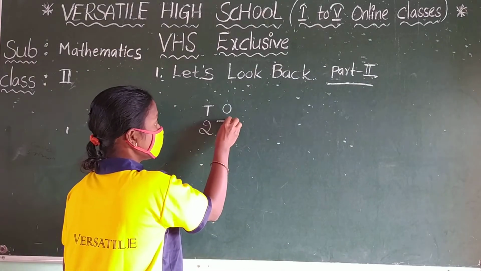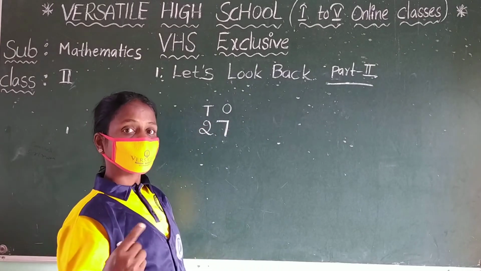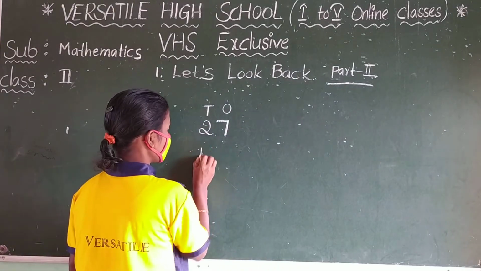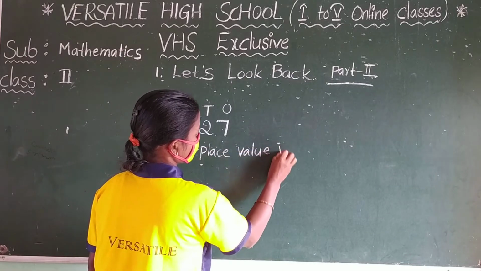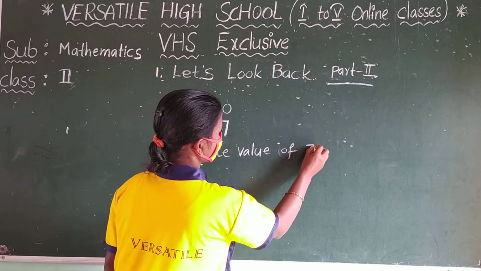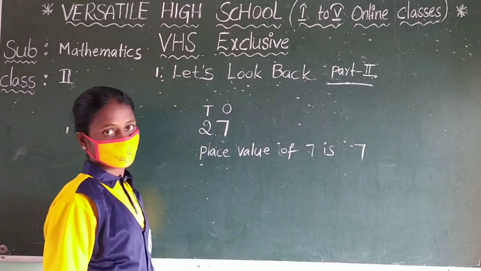The place value of the ones digit is multiplied by 1. That is place value. What is the place value of 7? 7.